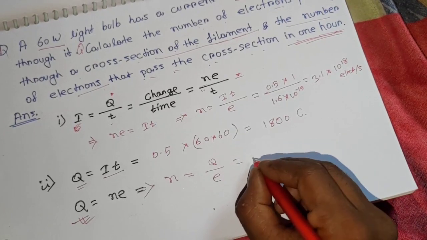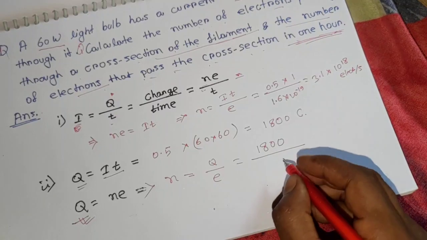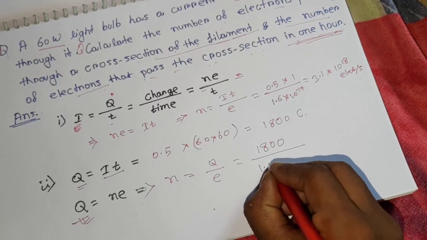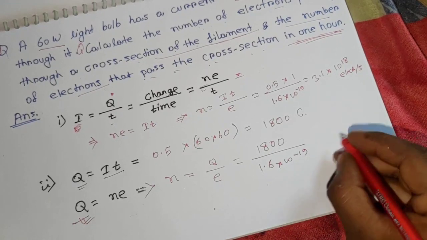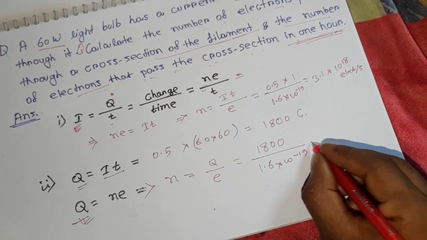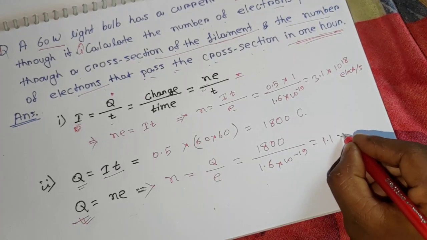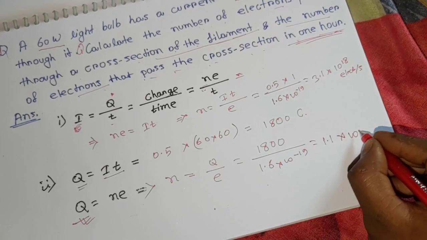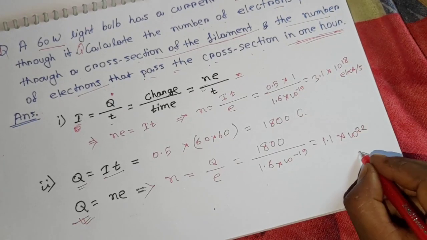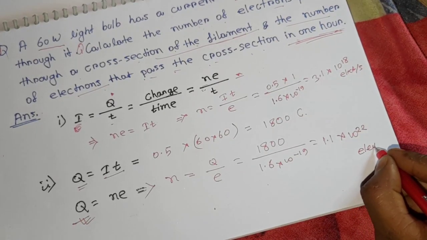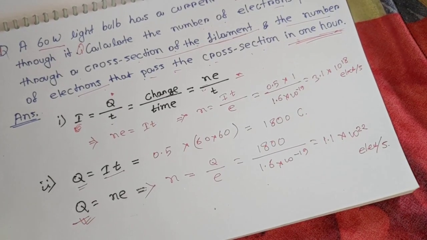We know the charge we just calculated, and e is 1.6 into 10 to the power minus 19. So this comes to 1.1 into 10 to the power 22 electrons.